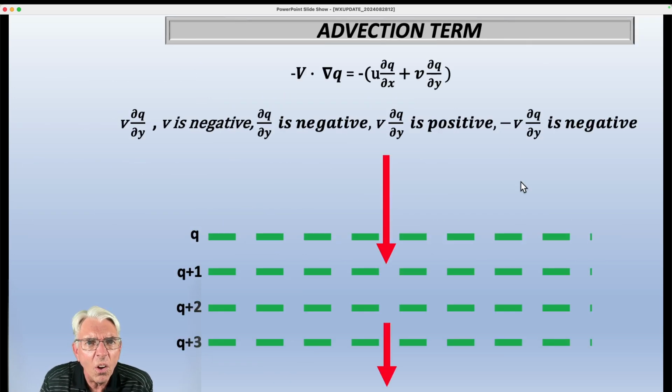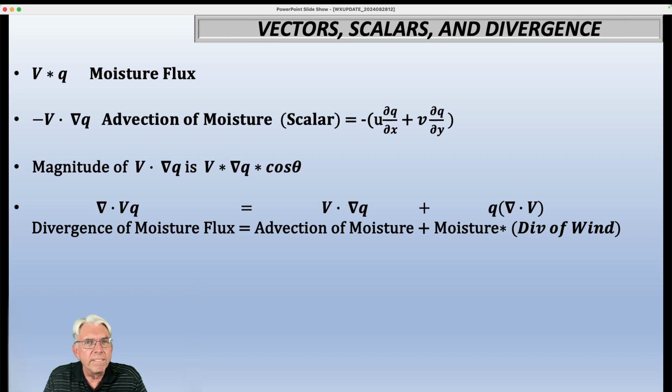And this is called the advection. And we talk a lot about cold advection, warm advection. If you have cold advection, you have winds carrying colder values toward warmer values. And if you have warm advection, you have warmer values moving in the direction of colder values, okay? In this case, we're talking about moisture advection. So it's either getting drier or it's getting more moist, okay?